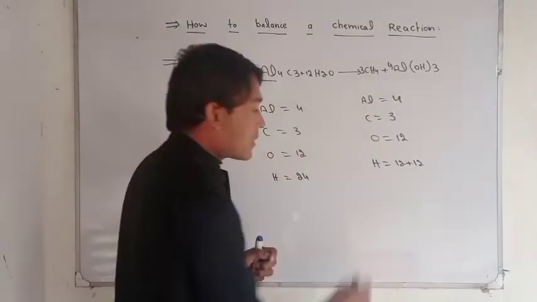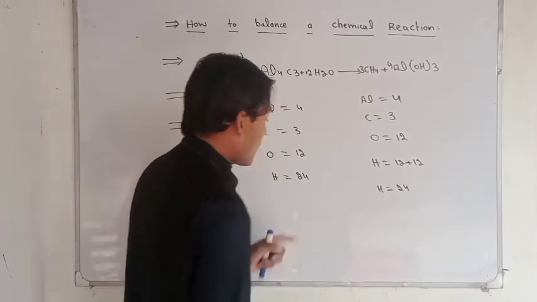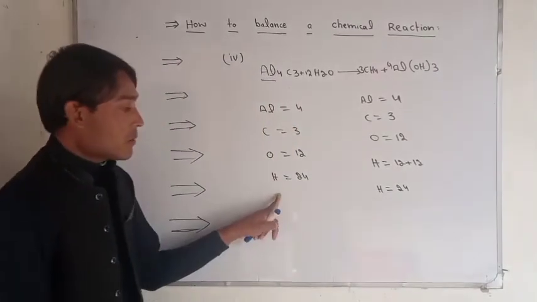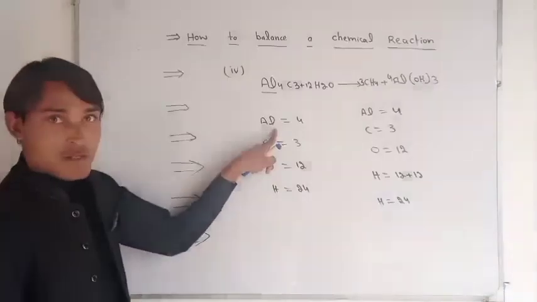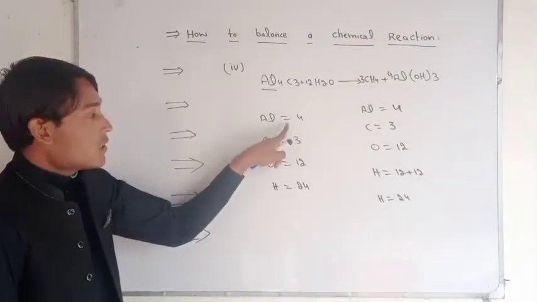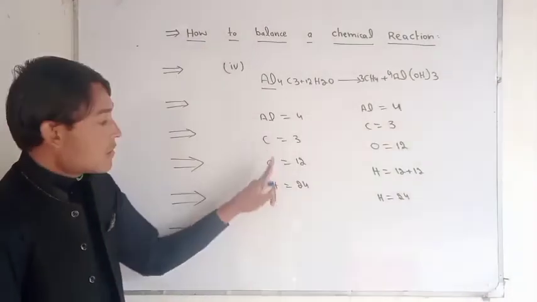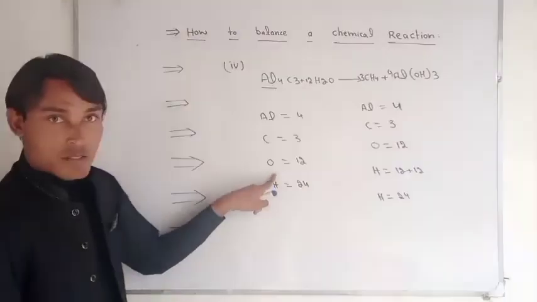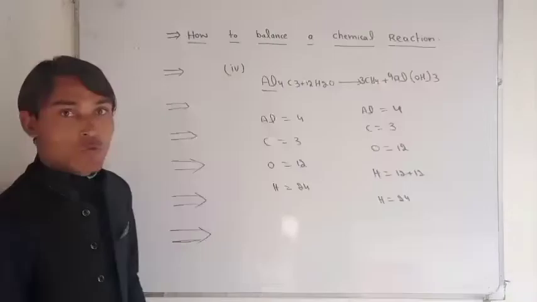So we got 24 hydrogens on both sides. First I balanced the metals, then carbon, which is a non-metal, then oxygen, and the last is hydrogen. So this was the fourth reaction.